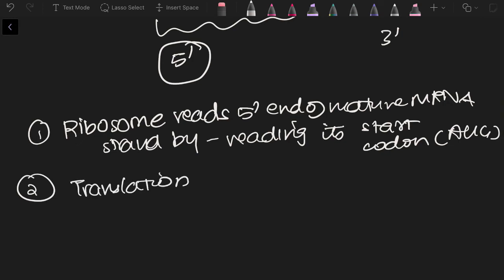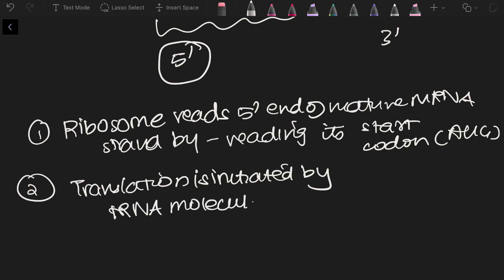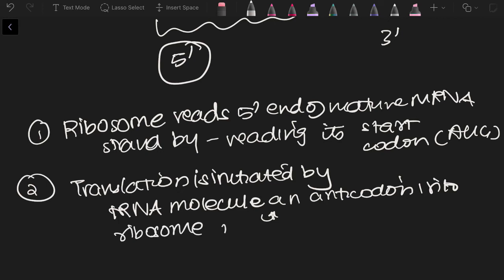Translation is initiated by the tRNA molecule bringing a complementary anticodon into the ribosome. This anticodon is complementary to the codon of the mRNA sequence.